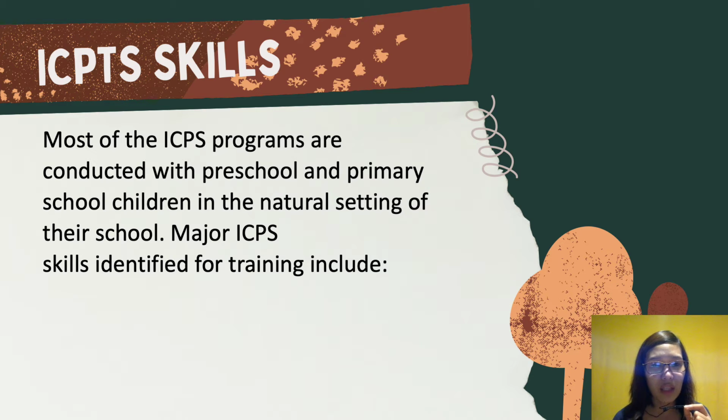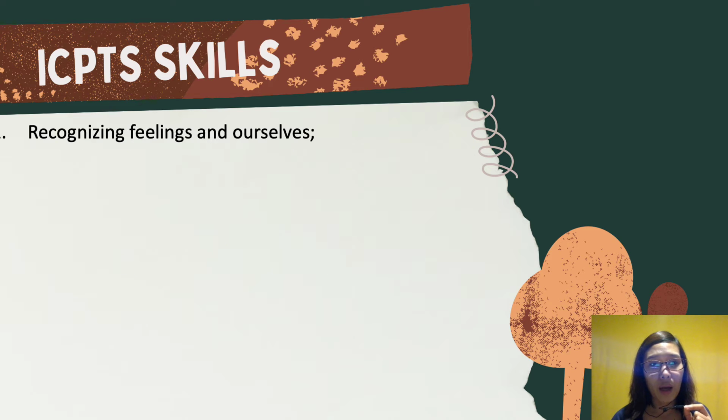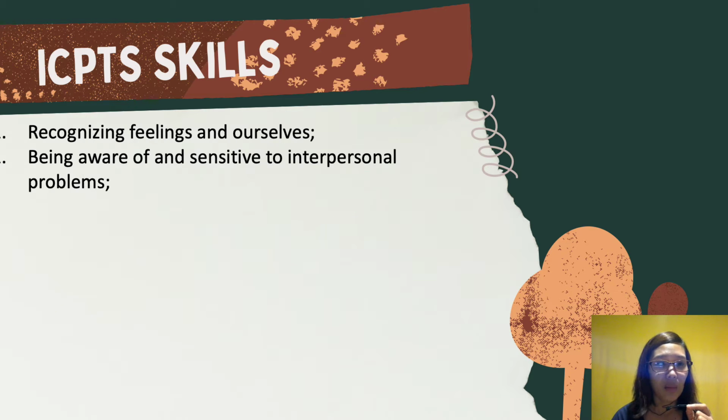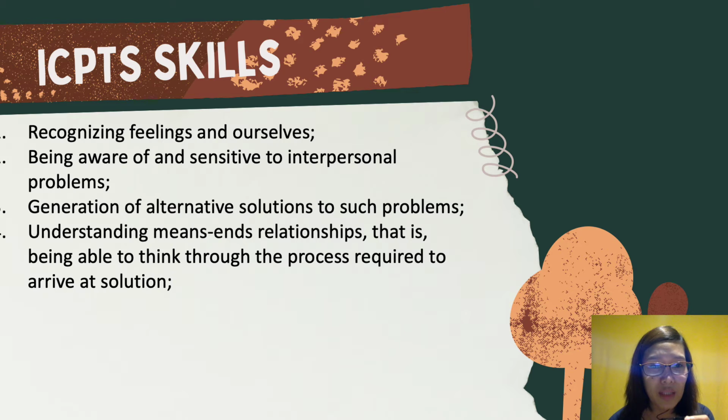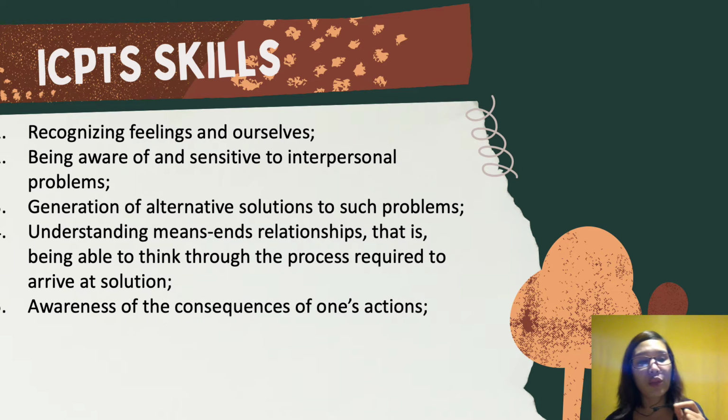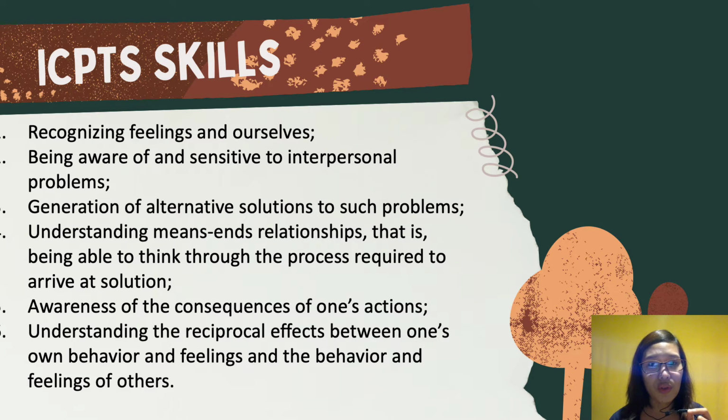Major ICPS skills identified for training include recognizing feelings in oneself, being sensitive to interpersonal problems, generation of alternative solutions to such problems, understanding means and relationships, that is, being able to think through the process required to arrive at a solution, awareness of the consequences of one's actions, and understanding the reciprocal effect between one's own behavior and feelings and the behavior and feelings of others.